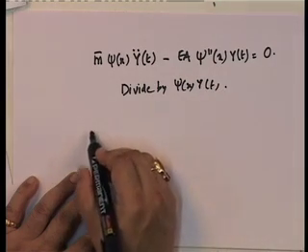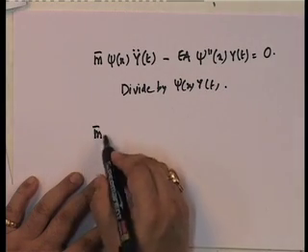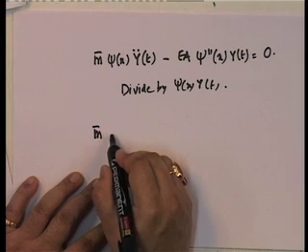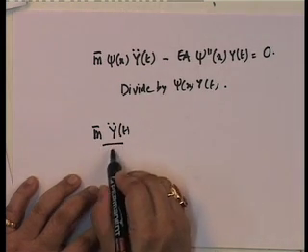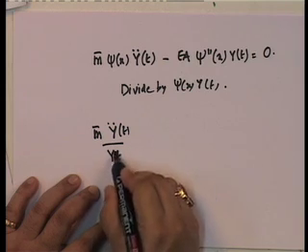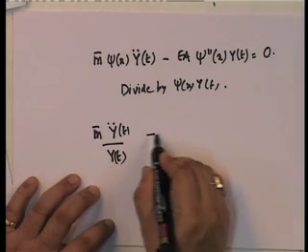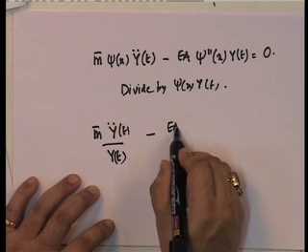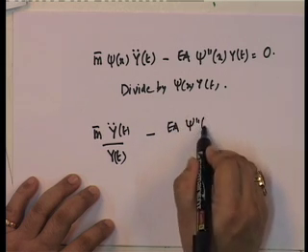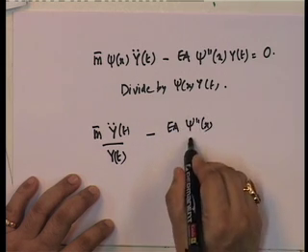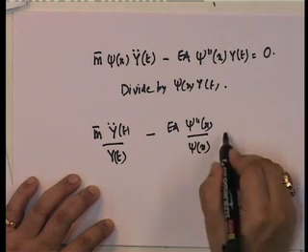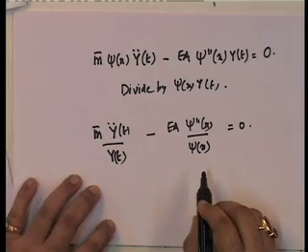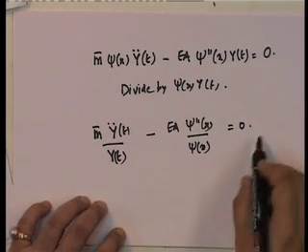If I divide that, what I get is the following: m bar y double dot upon y(t) minus EA xi double prime upon xi(x) is equal to 0. This is what we get.